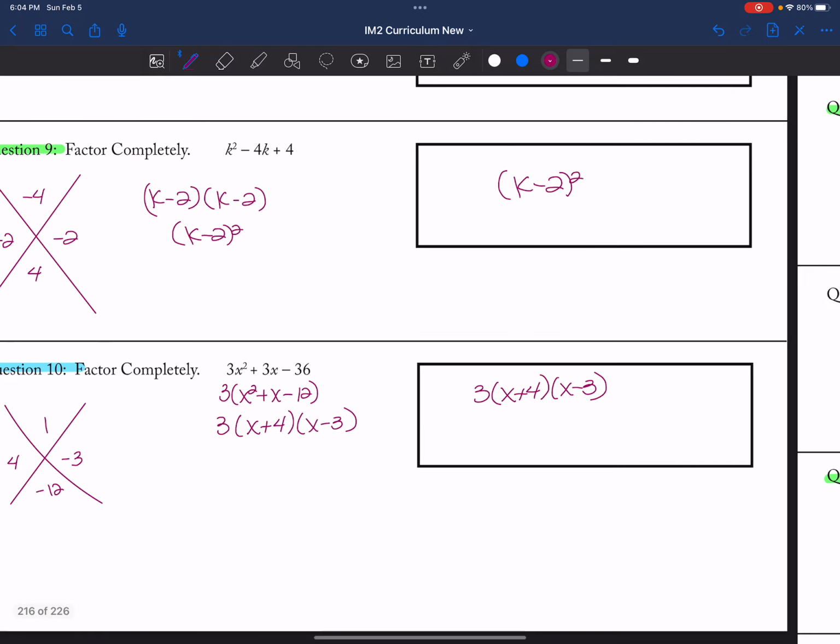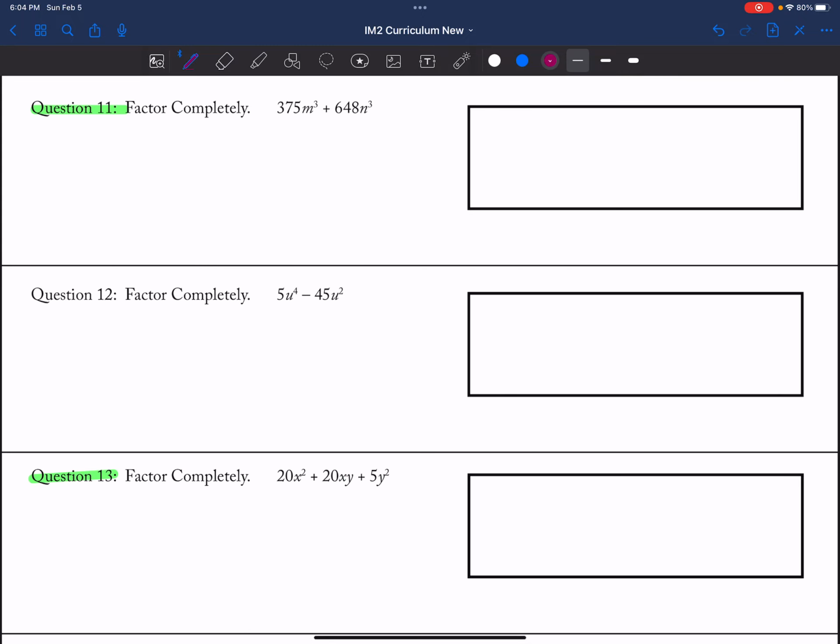Okay, 9, 11, let's see. It seems like a lot. They're both divisible by 3. So 375 divided by 3 is 125 m cubed, and then 648 divided by 3 is 216.